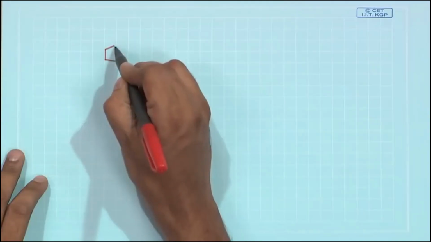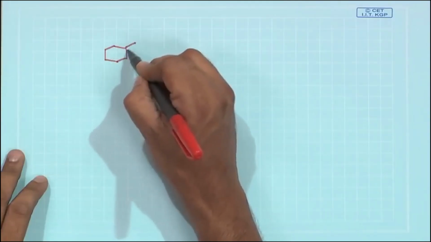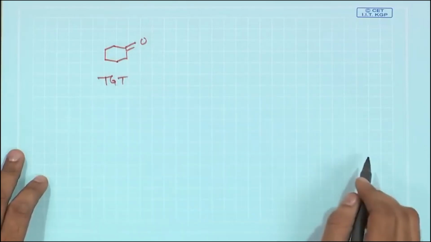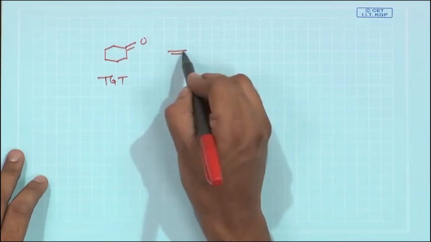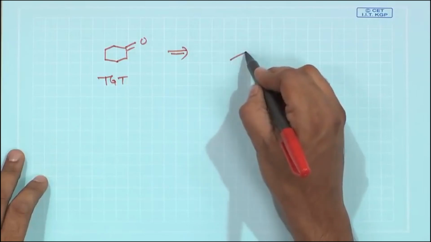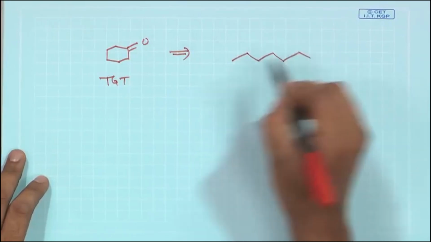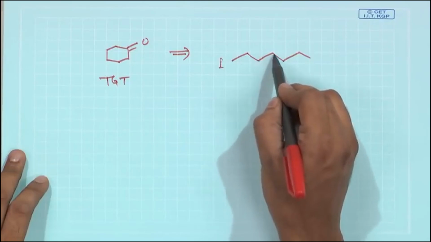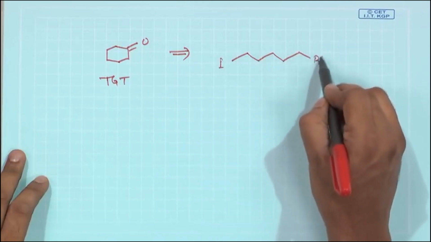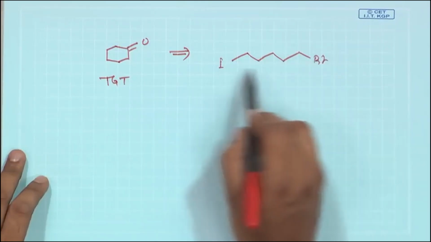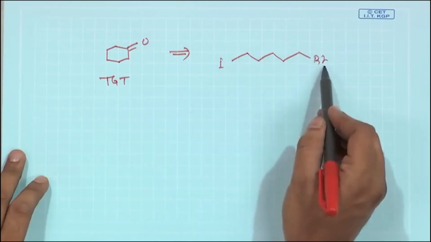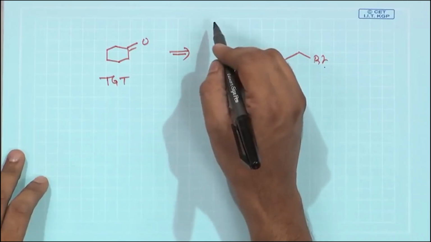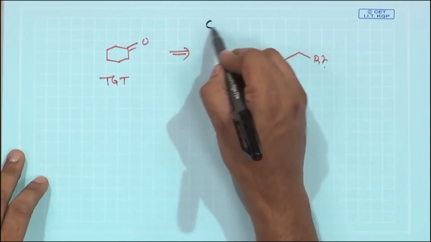In the next 2-3 minutes I will explain another example. A target molecule was given to you, a cyclohexanone, and the starting material was also given to you, 1, 2, 3, 4, 5 Br. This C5 dihalogenated species was given as the starting material. Now, we are discussing the concept of synthetic equivalence.